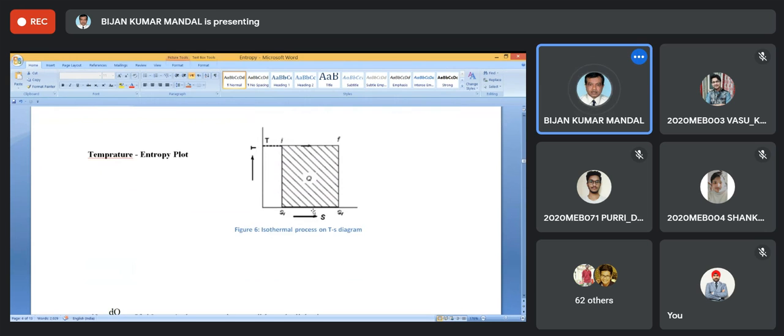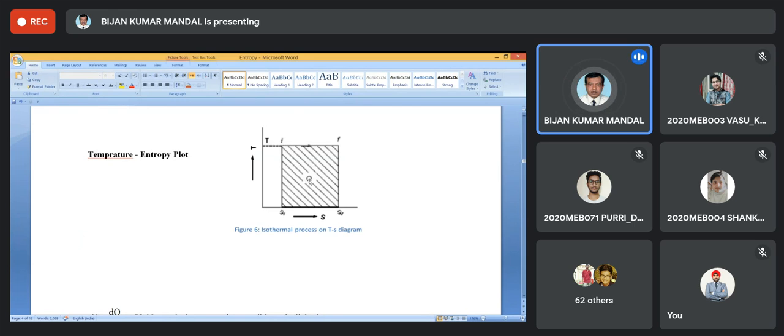Now look here, this is a temperature versus entropy diagram for an isothermal process, from I to F. The process is taking place at a temperature T, and the entropy has changed from Si to SF. The area under this diagram will give you the heat transfer.